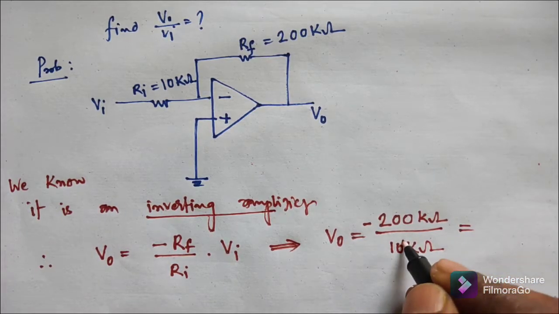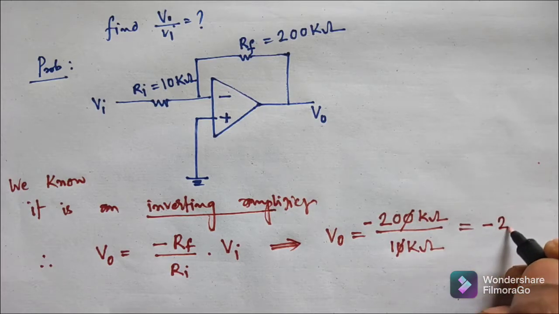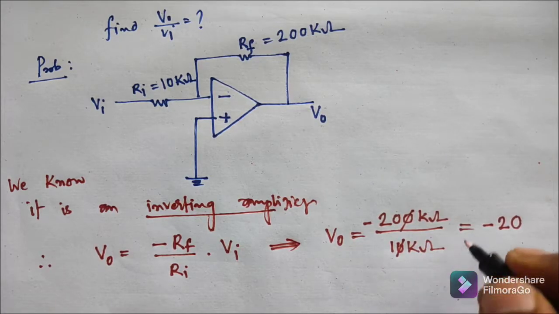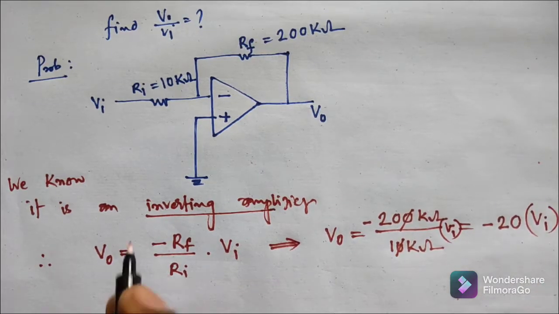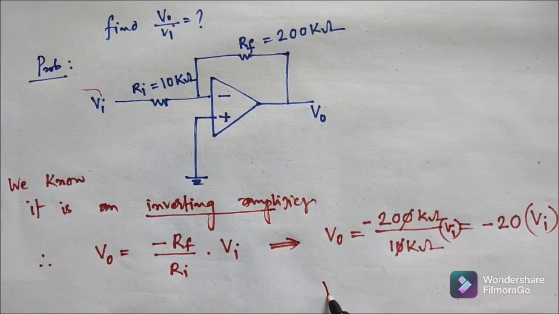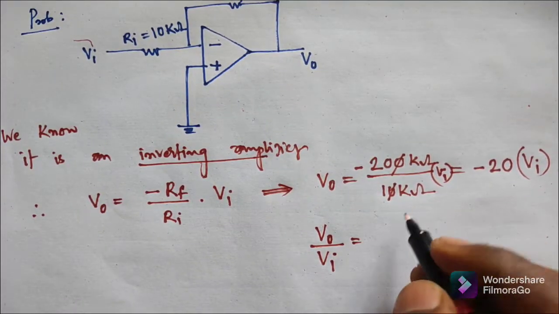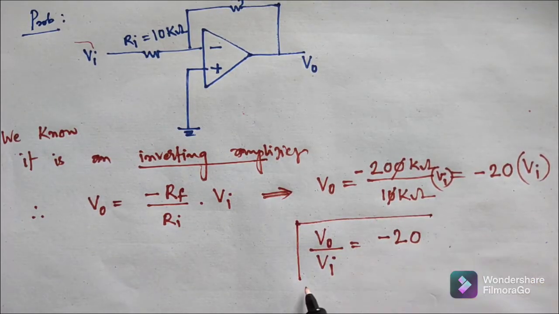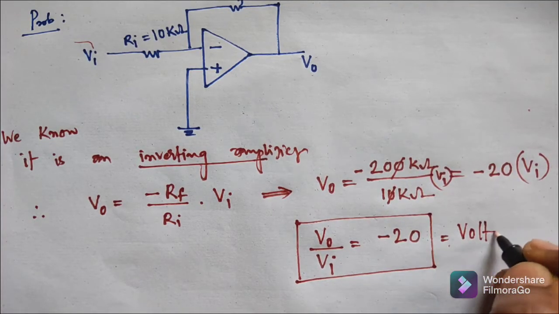Then you will get minus 20 into Vi. Now we have to calculate V0 by Vi. V0 by Vi is equal to minus 20. There are no units for gain. This is also called the voltage gain.